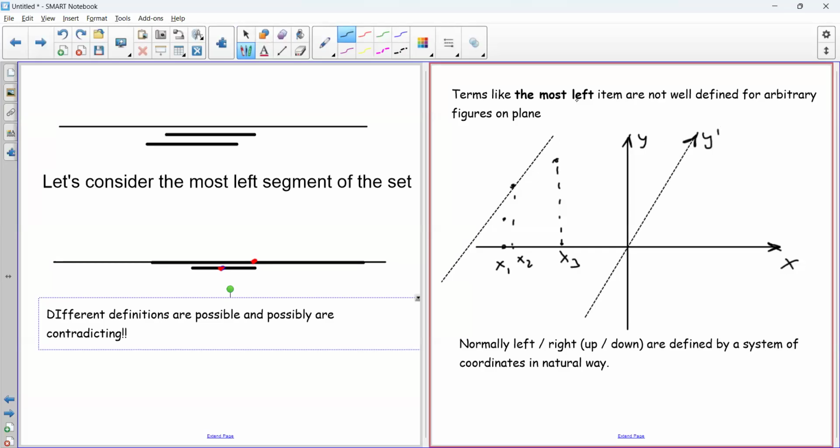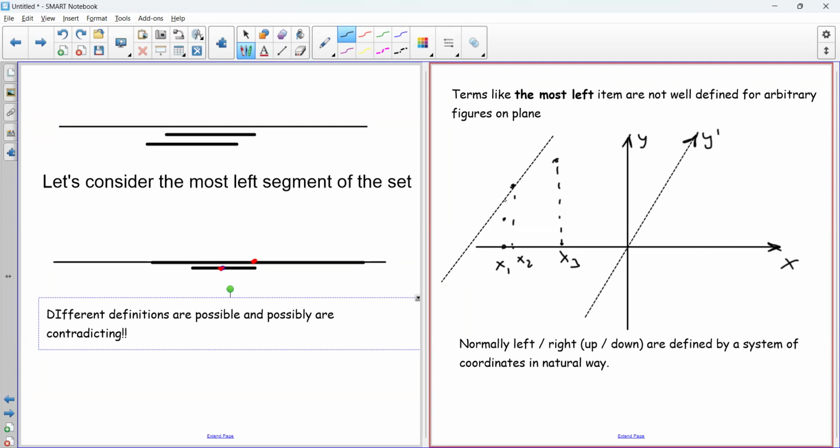So according to the system of coordinates x, o, y prime, involving this line and this line as coordinate lines, x2 would be the most left position, right?